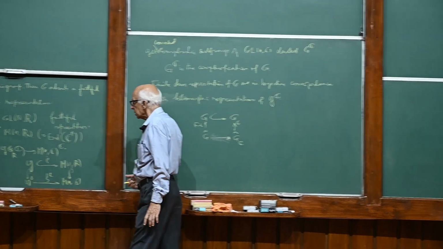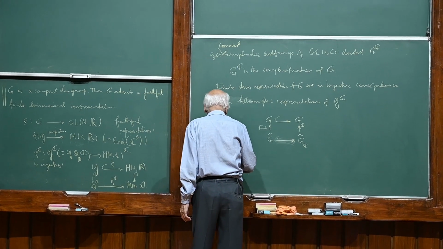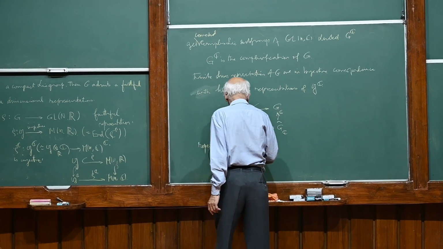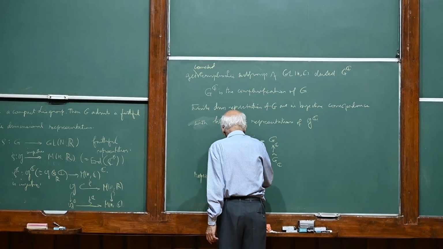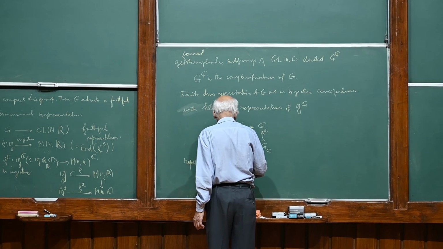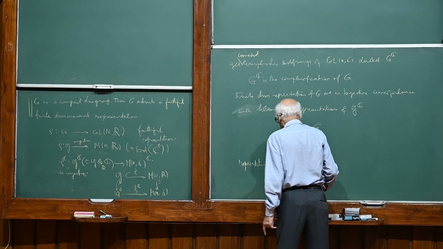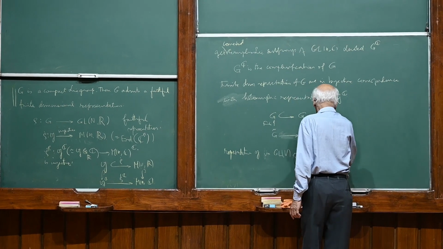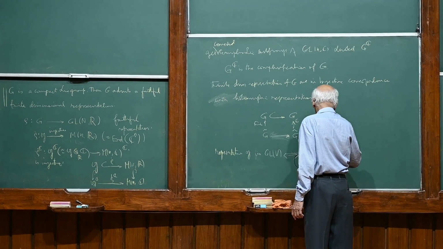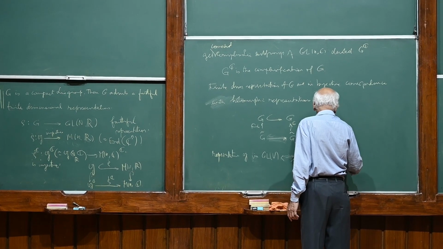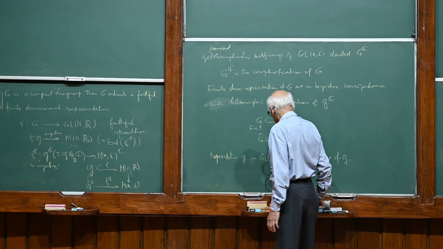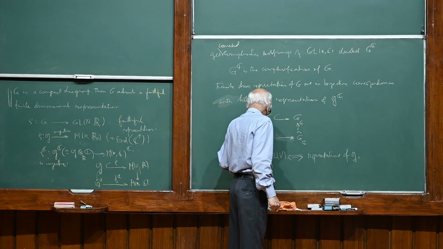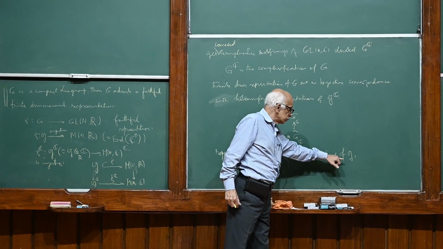So in any case, it's clear that representations of G or G_C on GL(V) are in bijective correspondence with each other. The point is that if you take a representation of G, you can extend it to G_C.